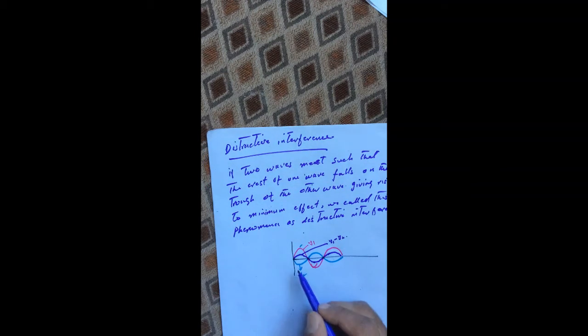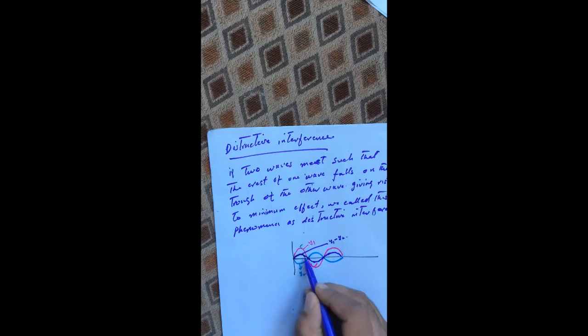Now if you look here, these two waves are 180 degrees out of phase because one starts upward and the other starts downward. So there is a 180 degree phase difference between wave 1 and wave 2. So they give rise to a minimum effect which is called destructive interference.